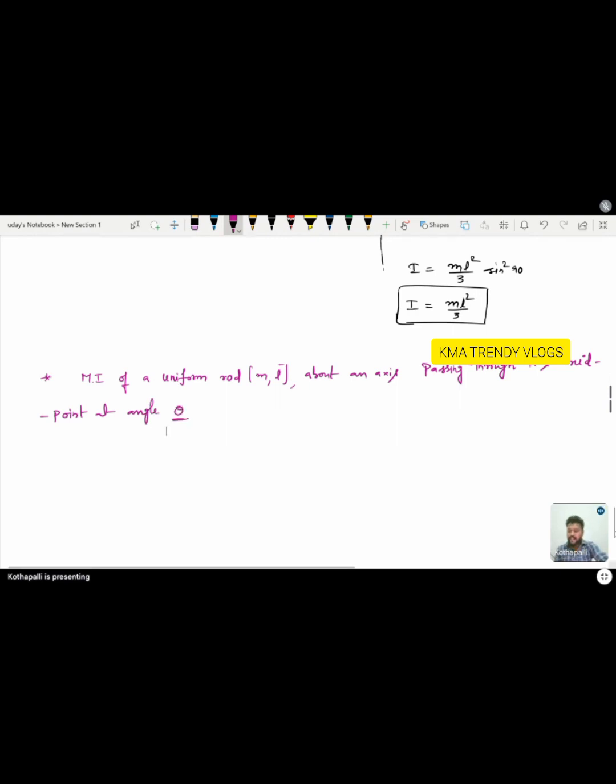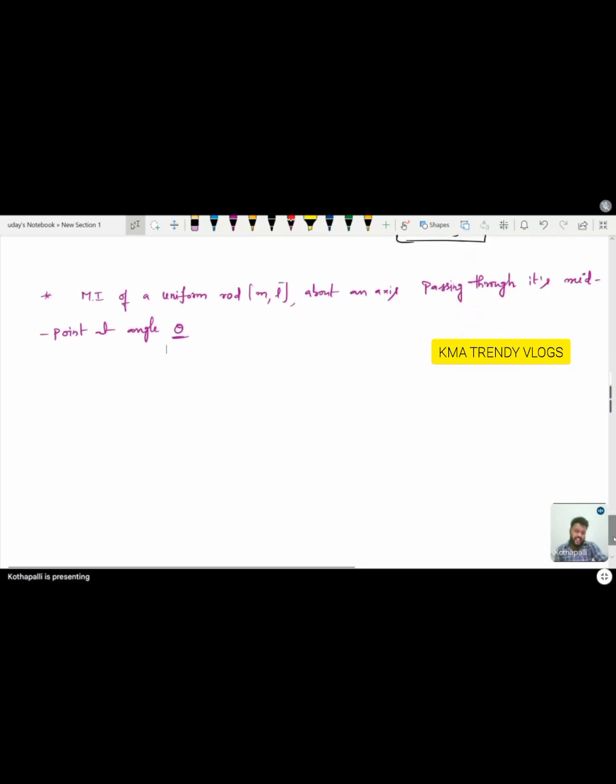So the diagram looks like this: a rod of length L making an angle theta with its axis, the axis passing through its center.